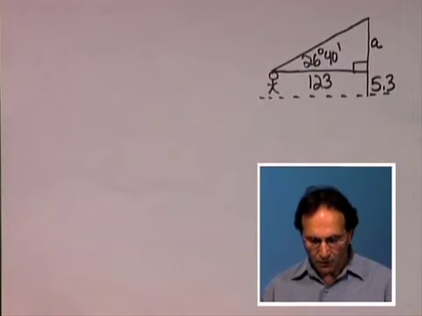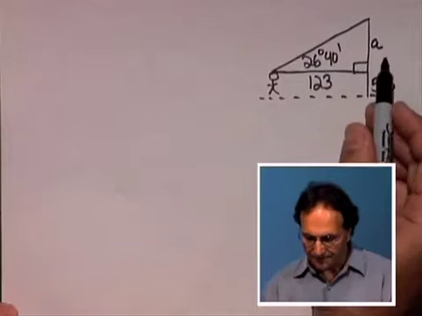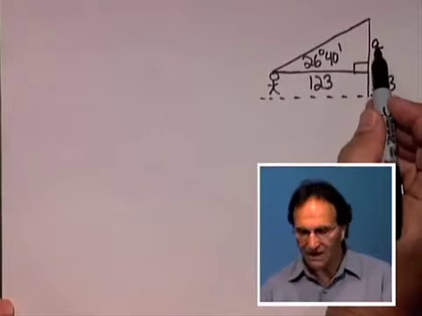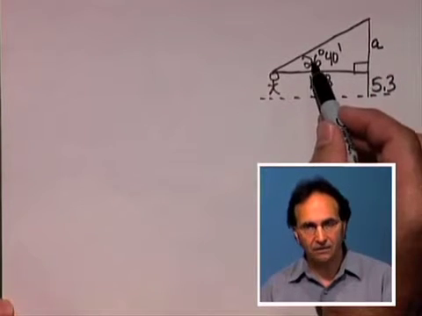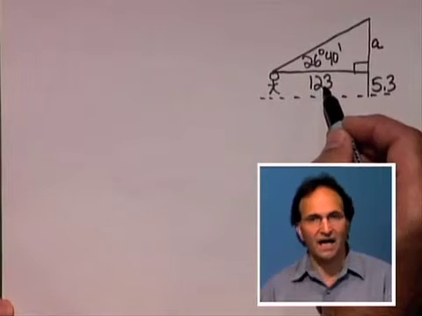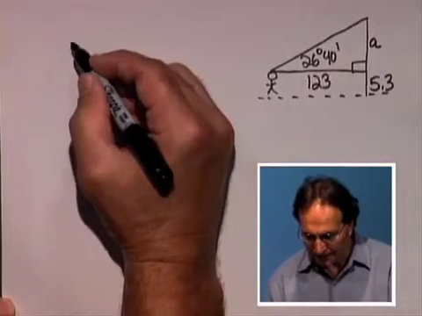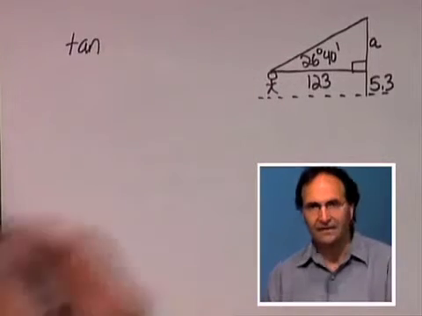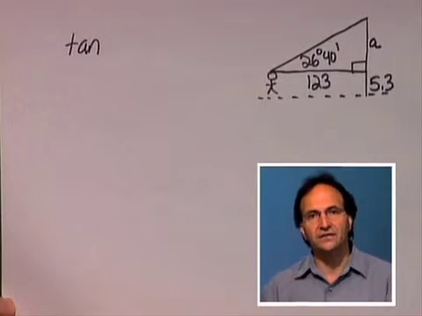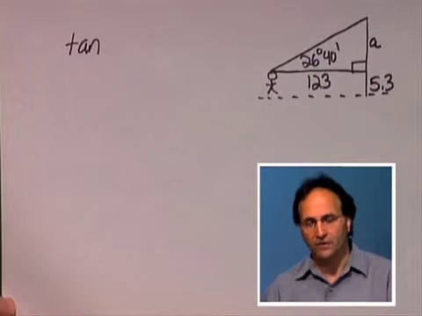So what we're going to do is notice that we are looking for the side opposite the angle, and we have the side adjacent to the angle. That should make you automatically think of tangent, because tangent is the opposite over the adjacent.